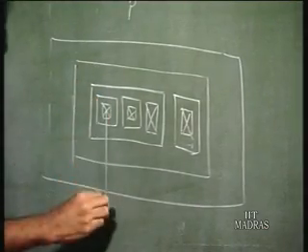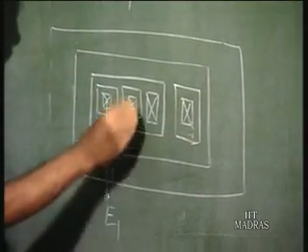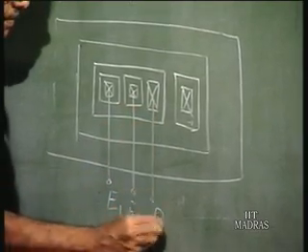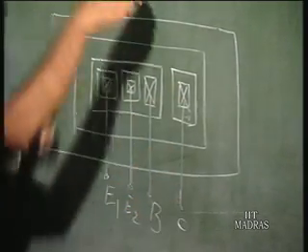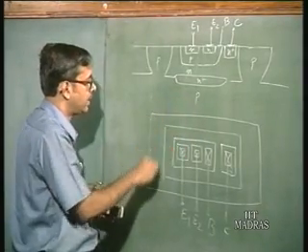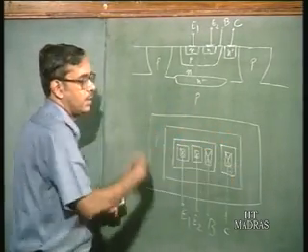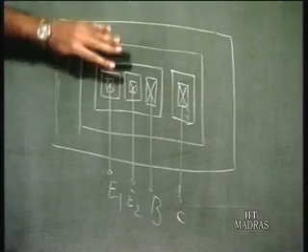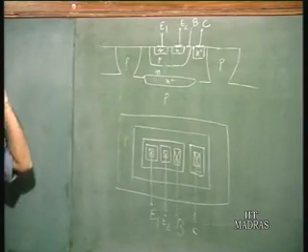So this is E1, emitter 1, this is emitter 2, this is the base, this is the collector. This is the top view looking from the top. And this is the isolation region on which the transistor is placed. So this is the multi-emitter transistor.